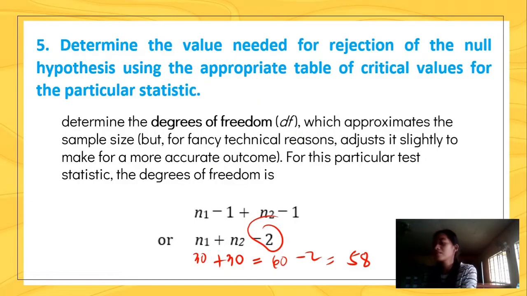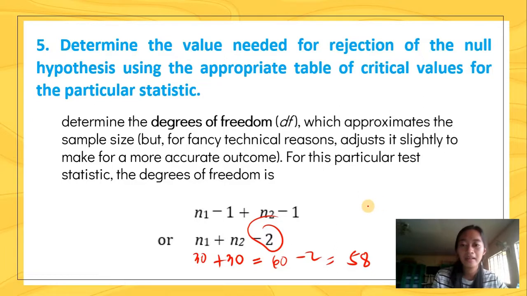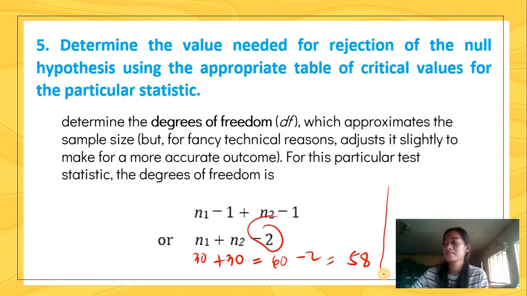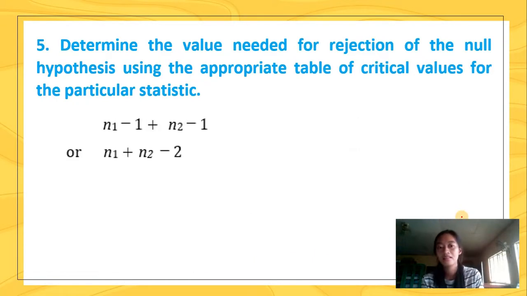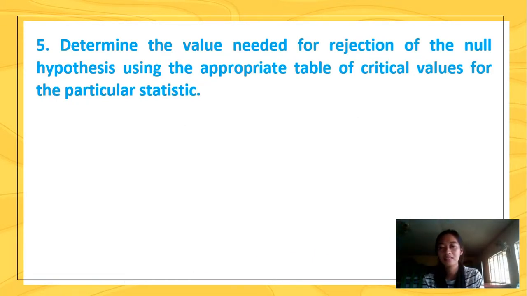Okay, you have to establish that number 1, ang imong tanawon kay imong alpha, 0.05. Unya naa tay DF nga 58.